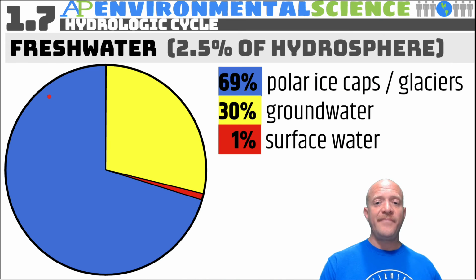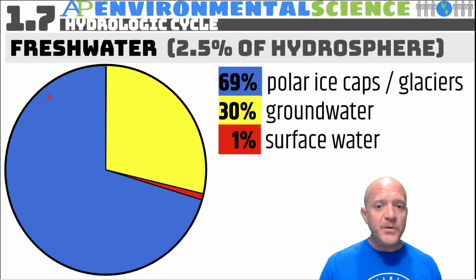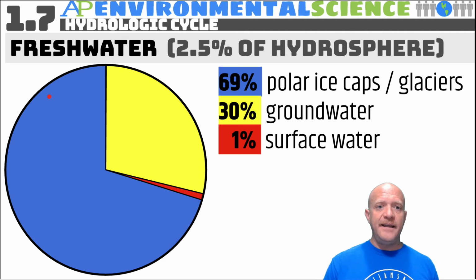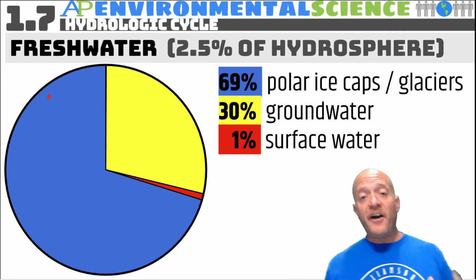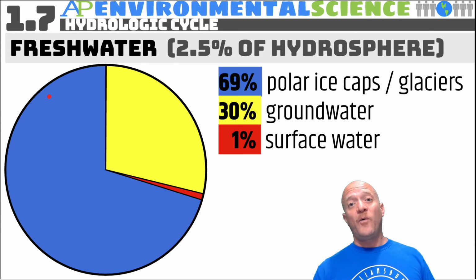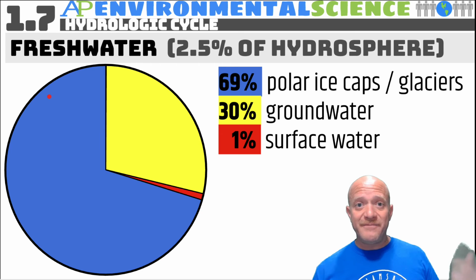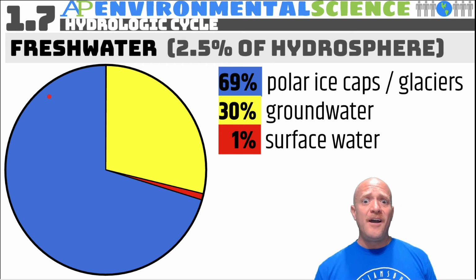Now, our hydrosphere contains all the water on the planet, but only 2.5% of that is fresh water. So of the 100%, if you think like 100 milliliters represents all the water on Earth, only 2.5 milliliters, just a matter of drops, are going to be fresh water.